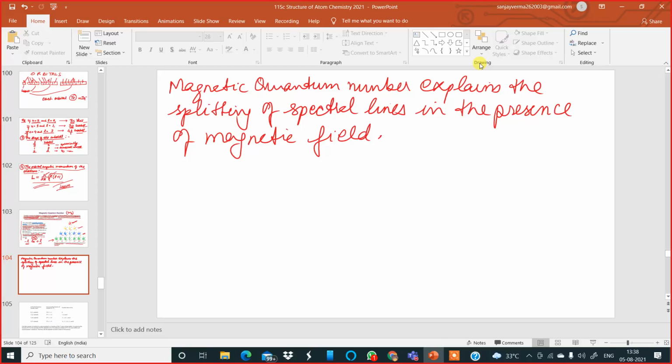Remember, the degeneracy of orbitals is removed. Degeneracy means orbitals having the same energy level; this is removed and they acquire different energies. So that is how it is possible to understand from the magnetic quantum number the splitting of spectral lines. This splitting of spectral lines is called the Zeeman effect.